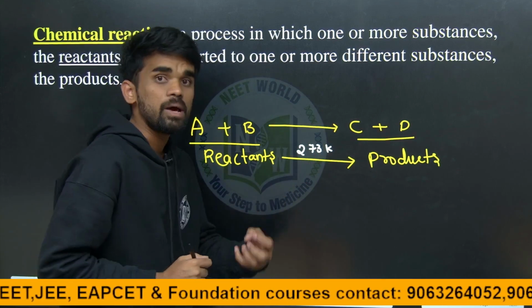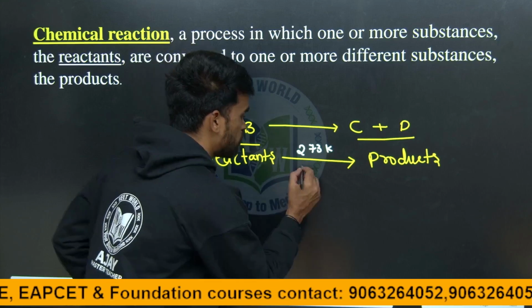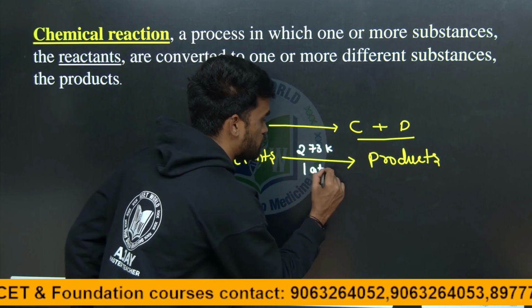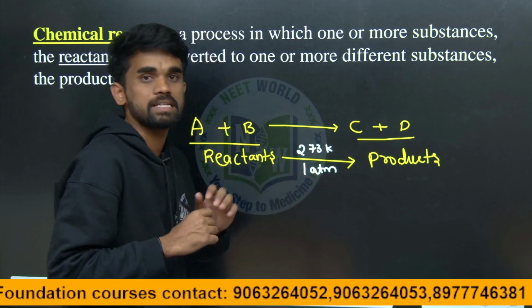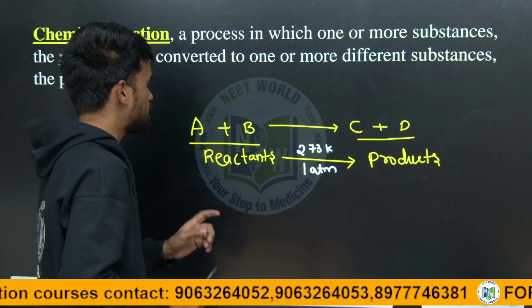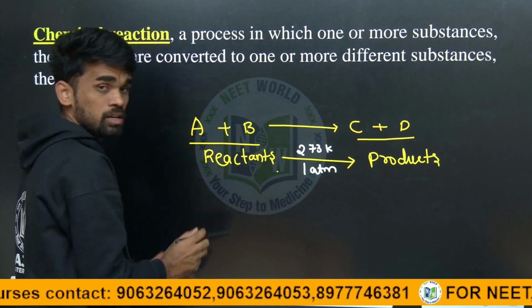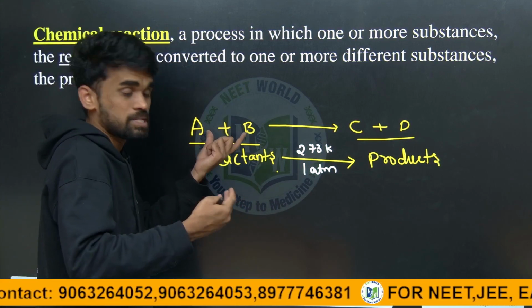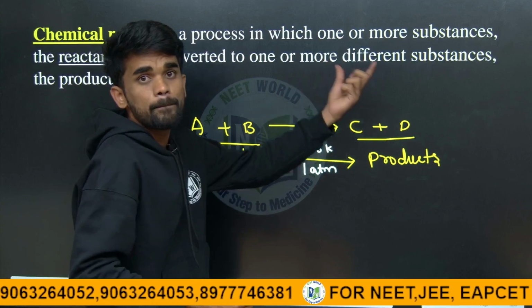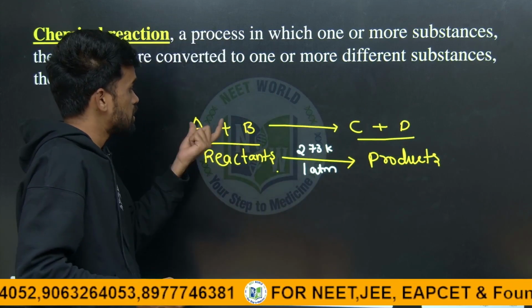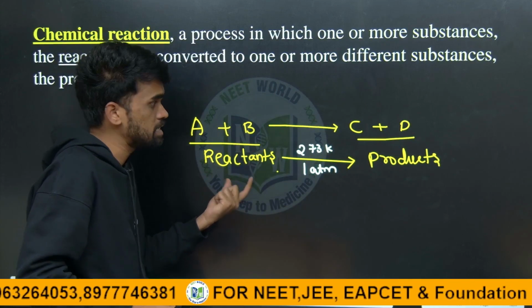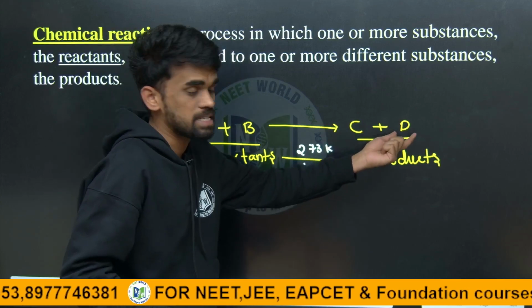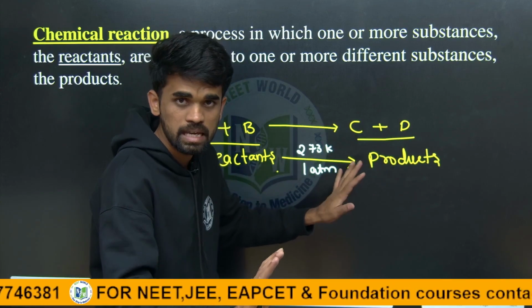And if a particular pressure is also required, for example 1 atmosphere pressure, we can represent it like this. Okay, and see what I told, some chemical substances will combine to form products, right? The combining substances are considered as reactants and the newly formed substances are called products. I hope this is clear, right?